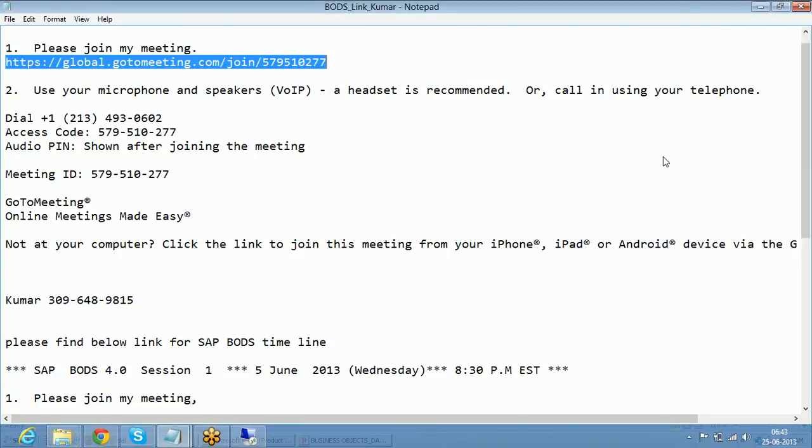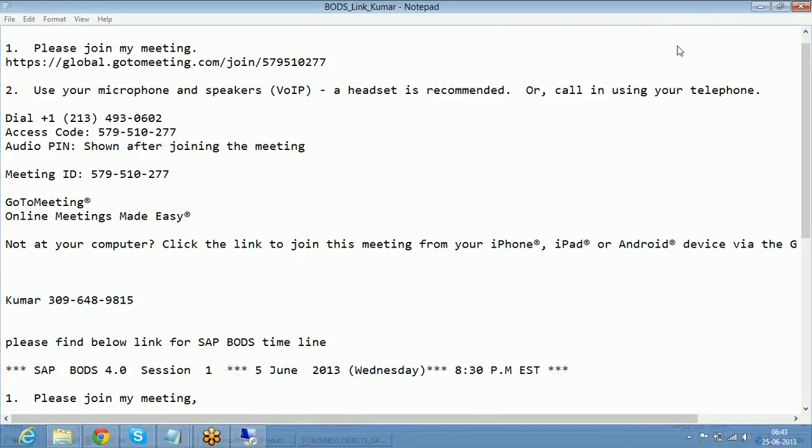It's shown after joining the meeting. If you stop showing your screen, the audio pin will show up. Okay, so just stop showing your screen. Can you see that now? No, I already stopped my screen, but I can still see your screen. Wait, one second. It just came up.